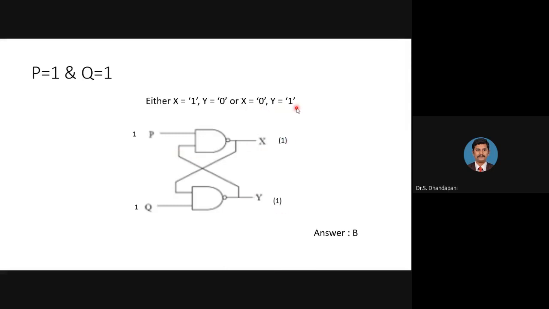So X may be 0 and Y equal to 1. Suppose the other gate has less delay. This X is coming, so X is 1. When X equal to 1, the output Y becomes 0. So we have two answers. X may be 1 and Y equal to 0, or X may be 0 and Y equal to 1. Two possible answers are there. We do not know whether it is case 1 or case 2.